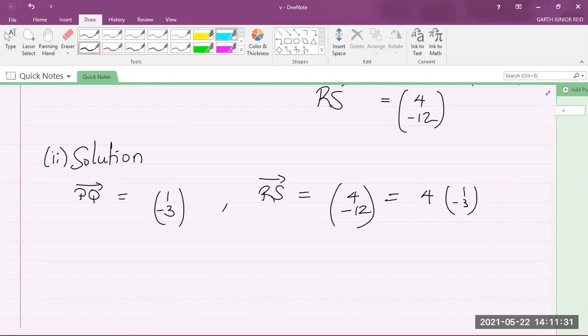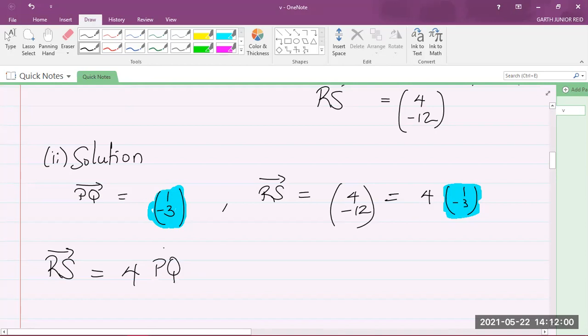Now, what do you notice here? We have the vector 1, negative 3 here, and we also have the vector 1, negative 3 here. So we are saying that the vector RS is equal to 4 times the vector 1, negative 3, which we know is the vector PQ.